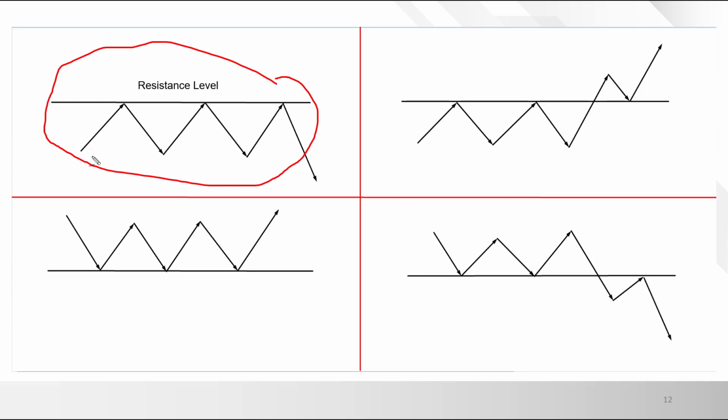As you can see, price moves high, it reaches a point, and then it corrects to the downside. It moves high again, reaches the same point, bounces to the downside, reaches the same level, and bounces to the downside. The point at which price is turning, from the upside point of view, that's what we call a resistance level.